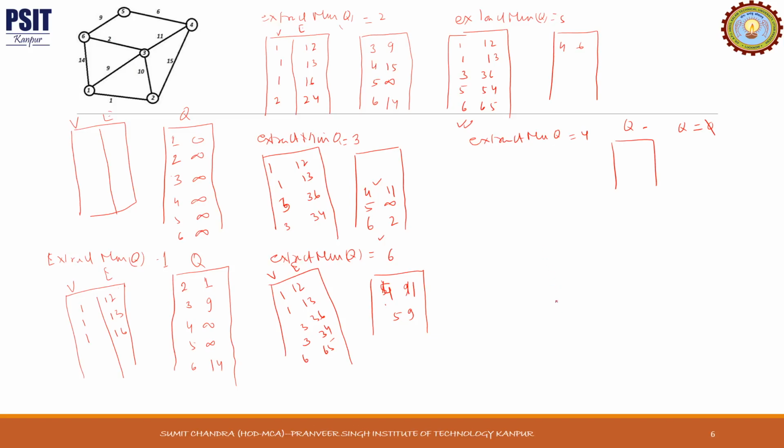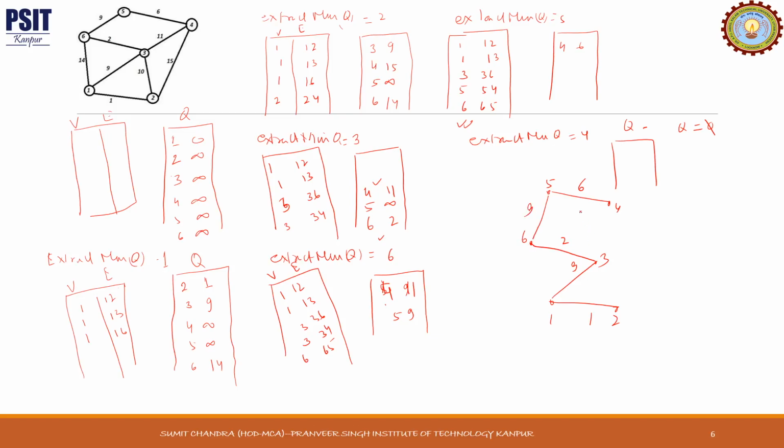So 1 2 is added first, then 1 3 is added, then 3 6 is added, then 5 4 is added, and then 6 5 is added.